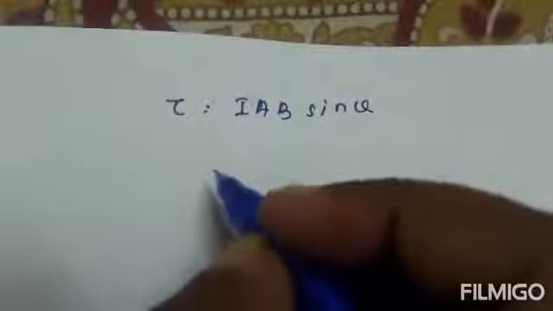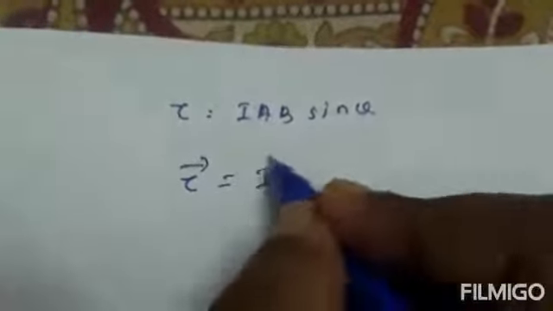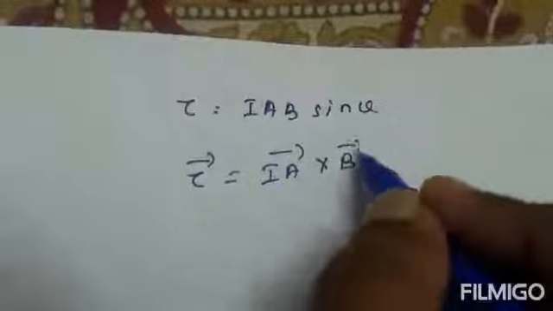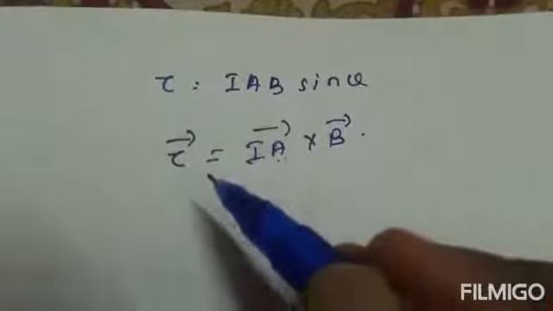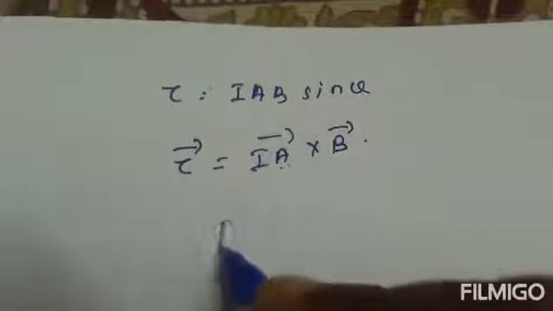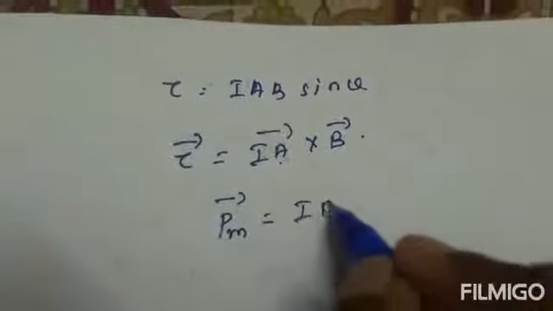We can write it in vector form as tau vector is equal to IA vector cross B vector. Current into area is the magnetic moment. PM vector is equal to I into A vector.